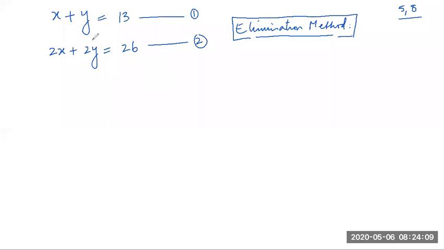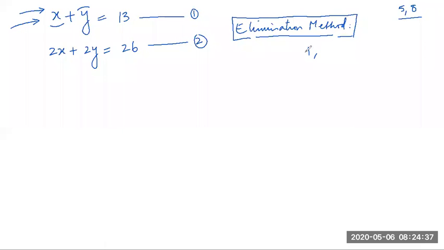For example, give me any solution of this equation, some value of x and some value of y which sum to 13. x is equal to 1 and y is equal to 12.